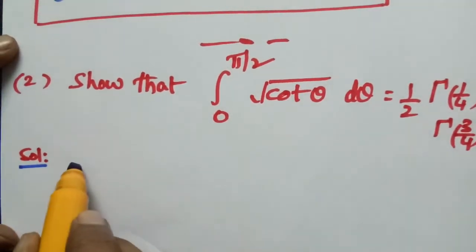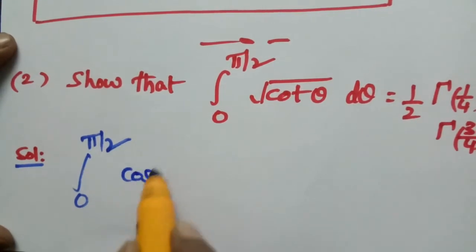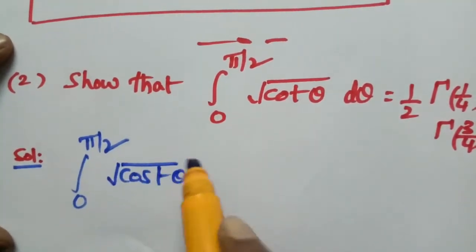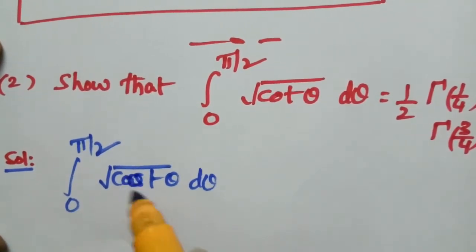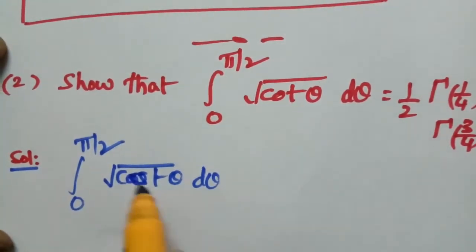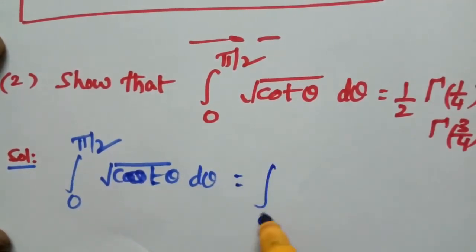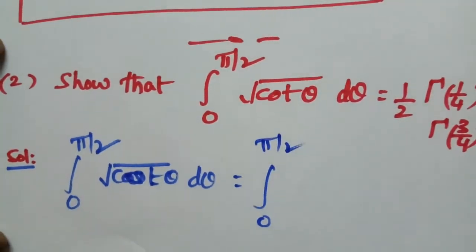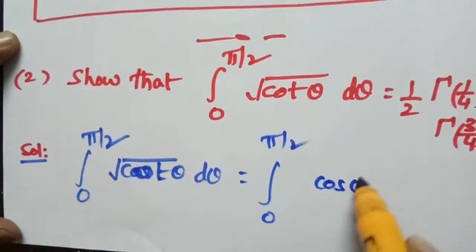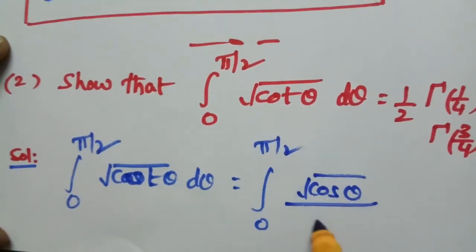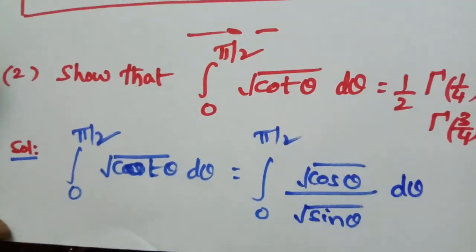Now this can be written as given integration 0 to pi by 2 into square root of cot theta d theta equal to integral 0 to pi by 2, cot theta can be written as root of cos theta by square root of sin theta into d theta.